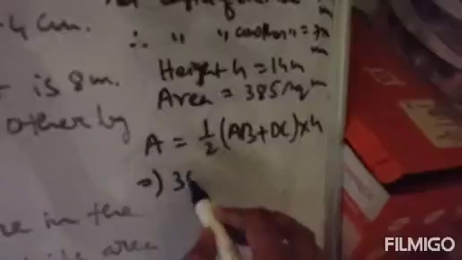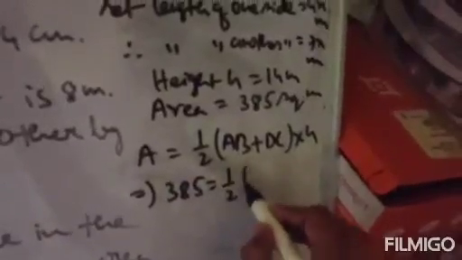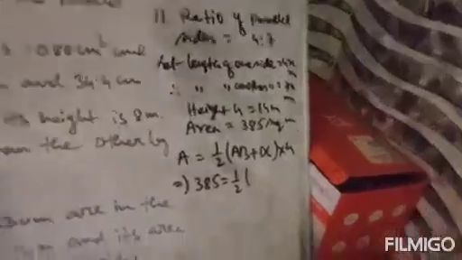So area 385 equals 1 by 2, AB is 7x and DC is 4x, that means 7x plus 4x, and the height is given as 14 meters.